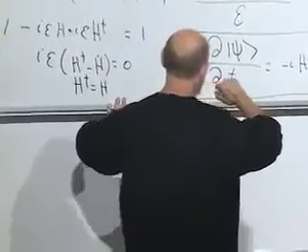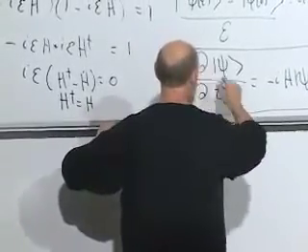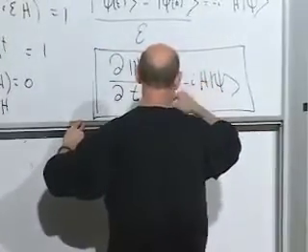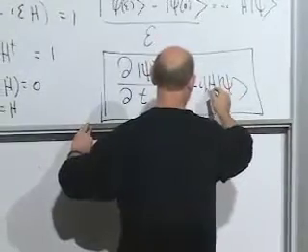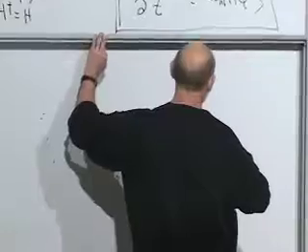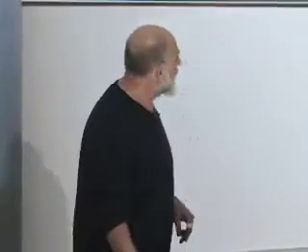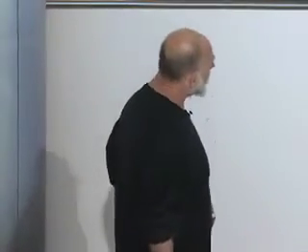There's 2 pi depending on whether you use h or h bar, and with h bar there's no 2 pi.